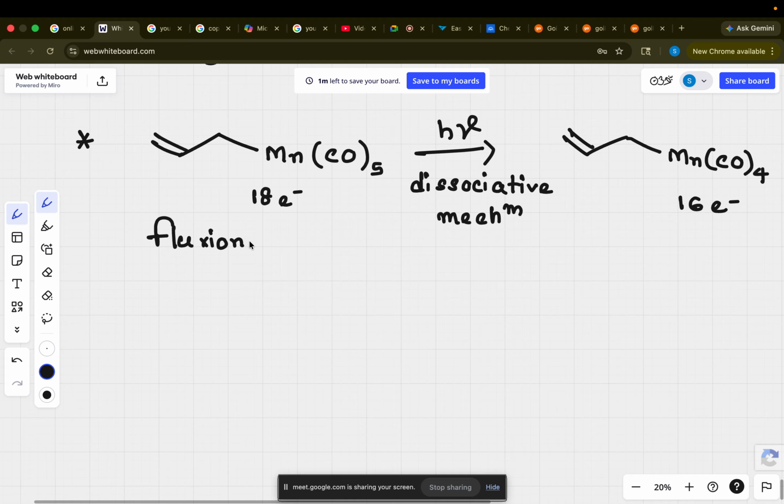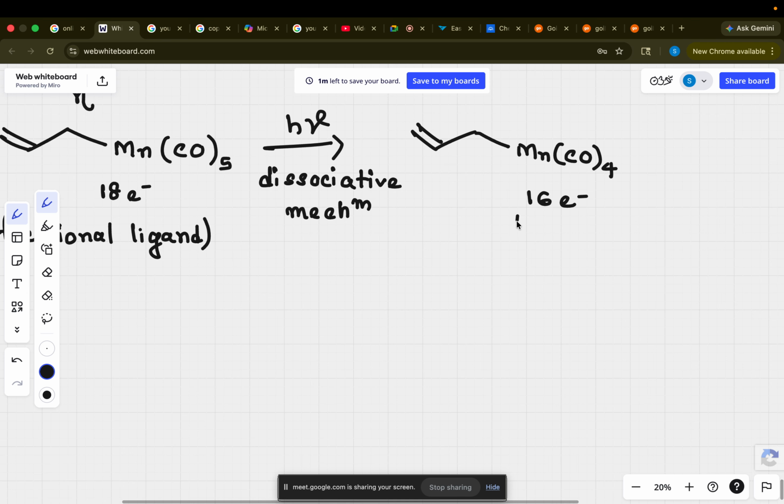Why is it called a fluxional ligand? Now we will see why. Here only one carbon is attached to your manganese center or metal center, so I can say here you have eta 1. If one carbonyl leaves, you are getting basically 16 electron by this dissociative mechanism.